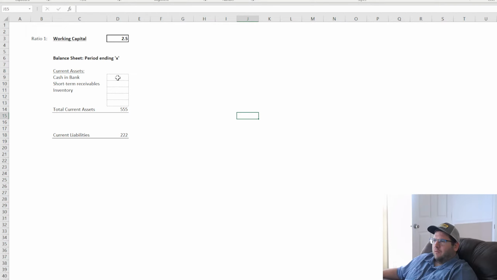So make these cells editable. It's always important with any model, even if it's not technical. This is not like a startup financial model, but this is still a model where you've got inputs and outputs, and you want to make it clear what's editable for someone trying to use this. So cells in this shade are editable.